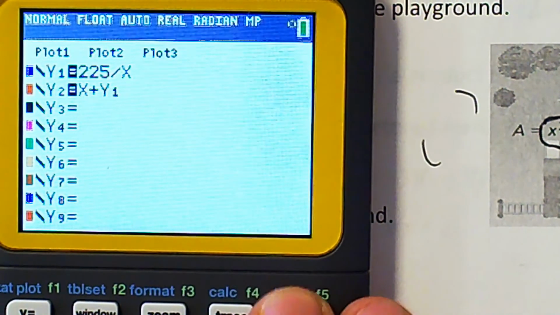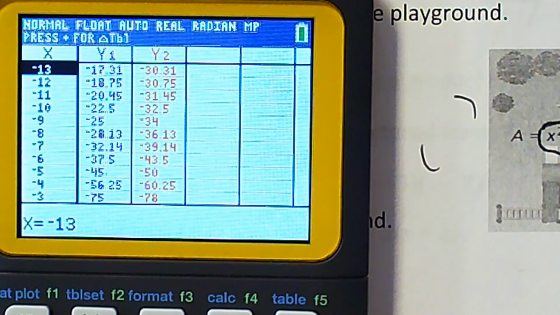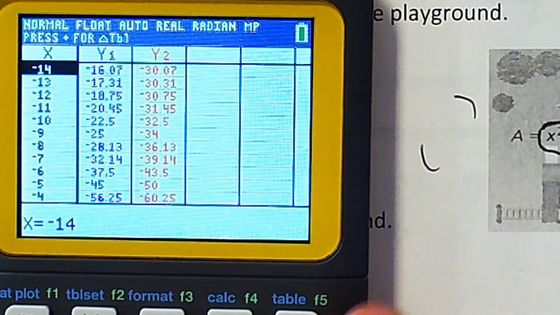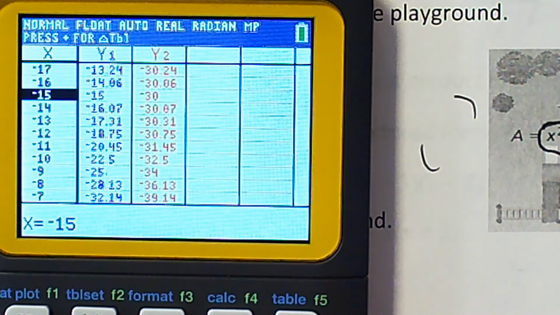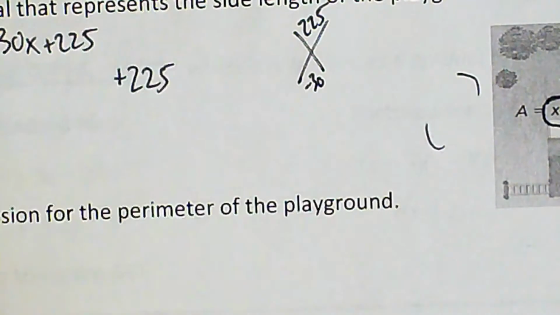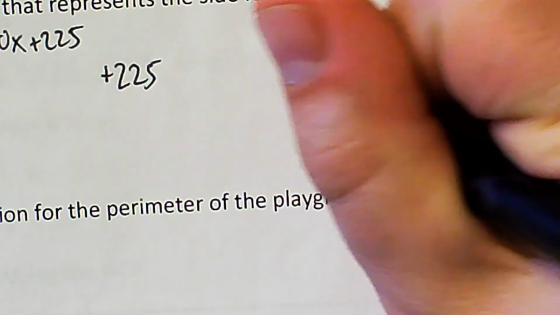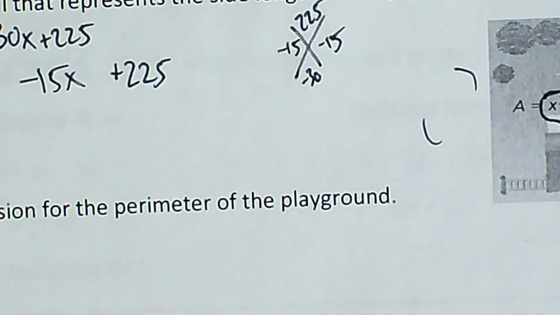So I'm going to go to the table. I'm going to try to find that. Looks like I'm pretty close already. And there we go. Oh, look at that. Yeah, and since your shape is a square, you should expect these to be the same. Okay, so negative 15, negative 15. So that'll be minus 15x, minus 15x.